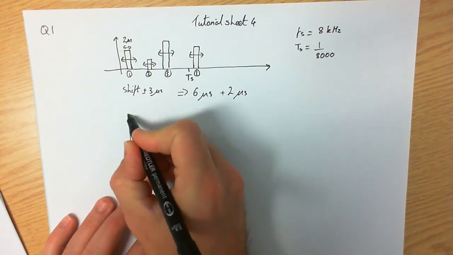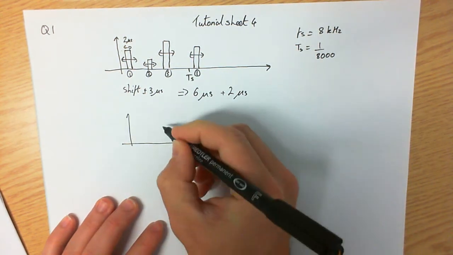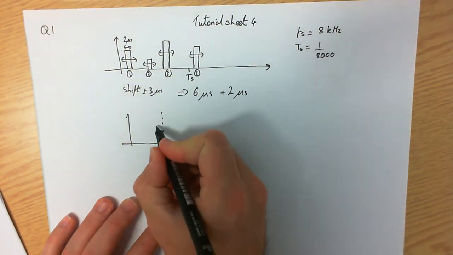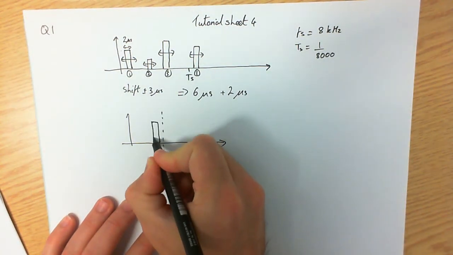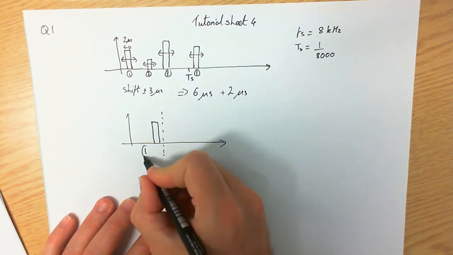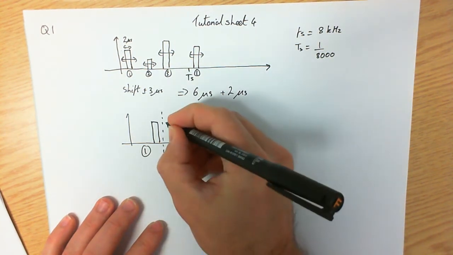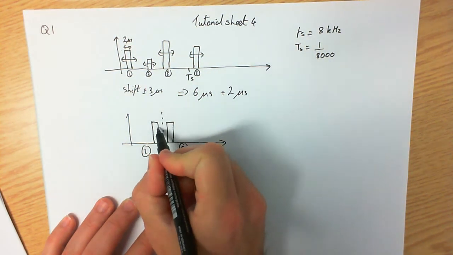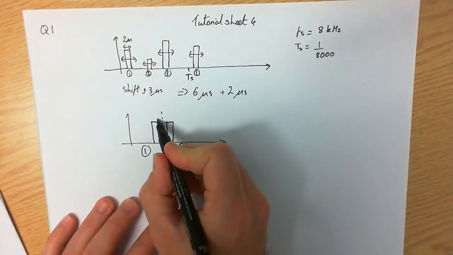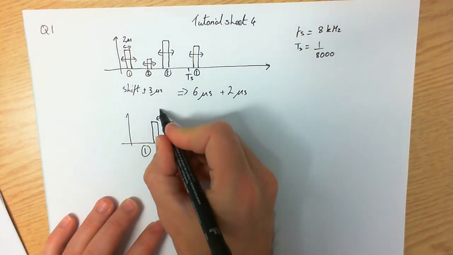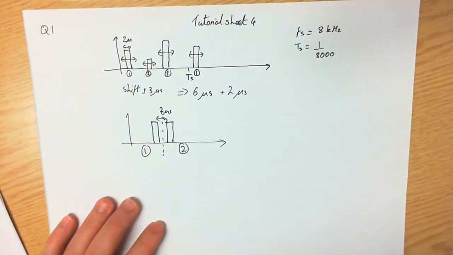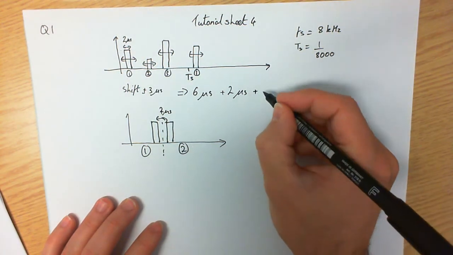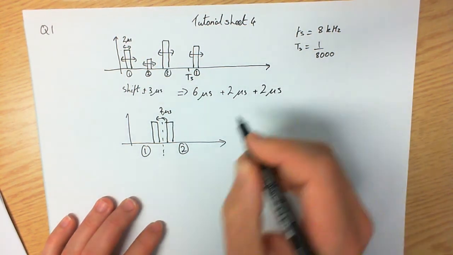So if I was to redraw that and just zoom in, so if I say that that's my channel width, and if my pulse from channel 1, if this is channel 1 and this is channel 2, what we can't have is those pulses crossing over, and we're told that the minimum separation is 2 microseconds between each pulse. So we've got to add that on as well.